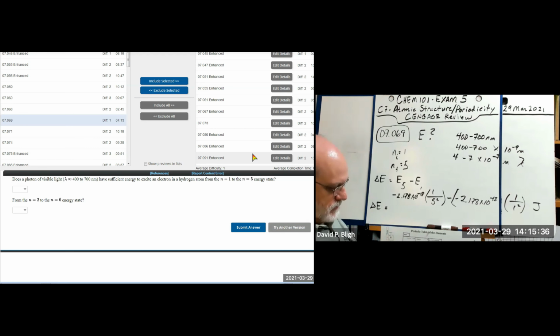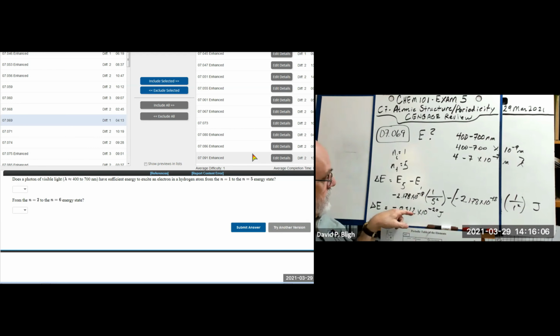Times this number, 2.178, change the sign, exponent 18, change the sign. So I'm going to write these down as we go. This value is minus 8.712 times 10 to the minus 20 joules.